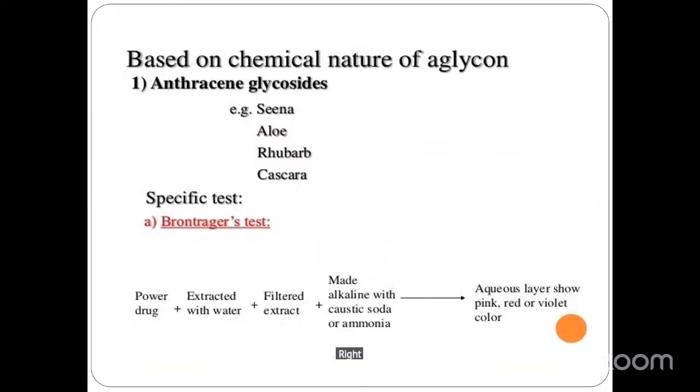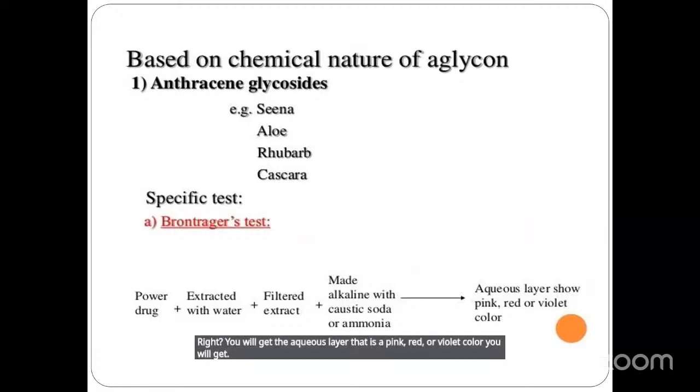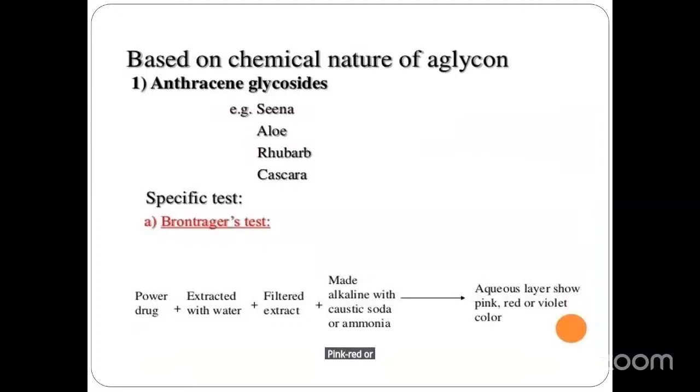You will get the aqueous layer with a pink, red, or violet color. Whenever the aqueous layer shows the pink, red color, that is nothing but the Bornträger test, right? So this is about the Bornträger test.